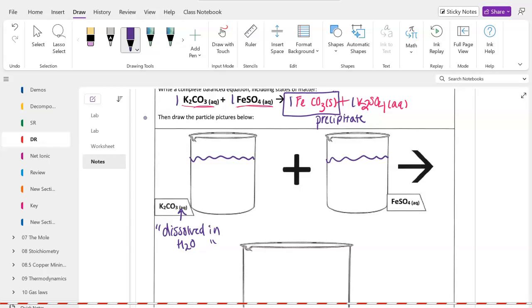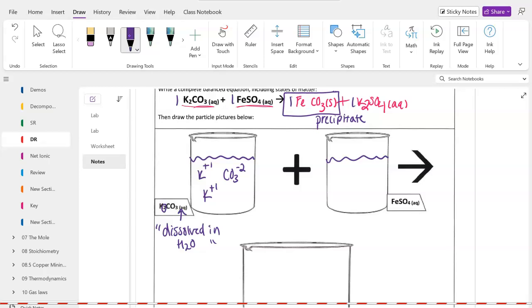So if I look at my formula, for every 1 carbonate ion that breaks down, I actually need 2 potassium ions because in our chemical formula there are 2 potassium ions for every 1 carbonate anion. So when you look at the chemical formula, it tells us the ratio of ions when they separate and when they dissolve in water.